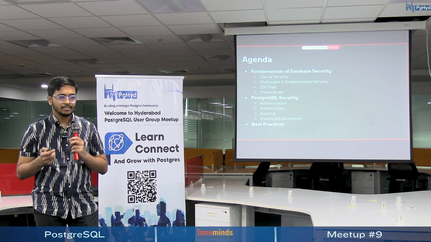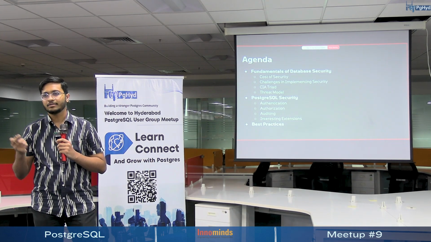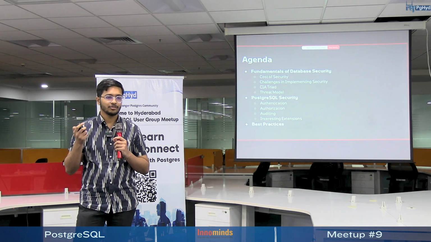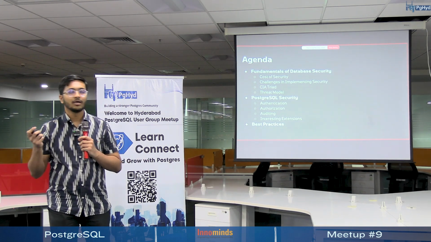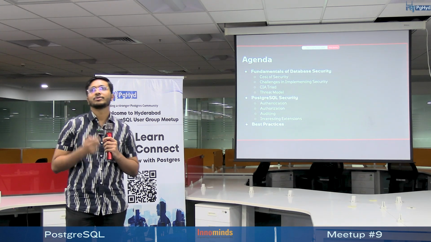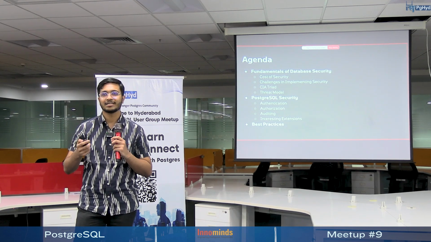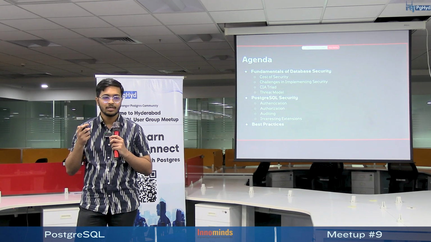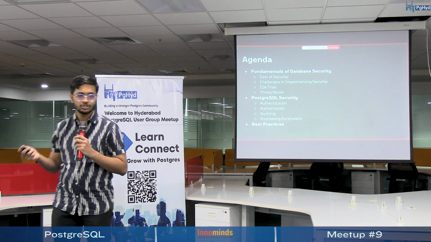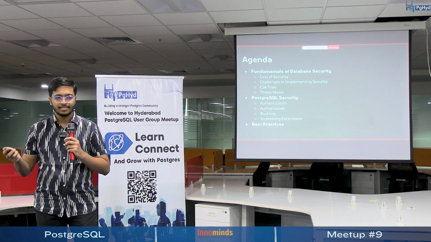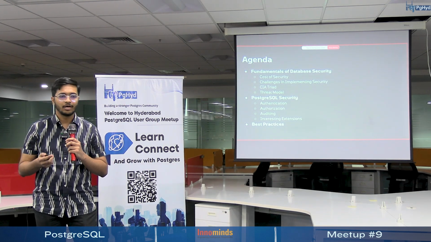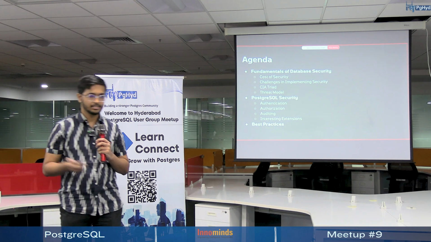So the agenda for the talk: first, I'm going to talk about the fundamentals of database security. Over here I'm going to talk about what exactly is the cost of adding security, and what kind of challenges you're going to face when you're implementing security in your applications. What is the CIA triad? It's a model that we use, and how exactly do we go about threat modeling this?